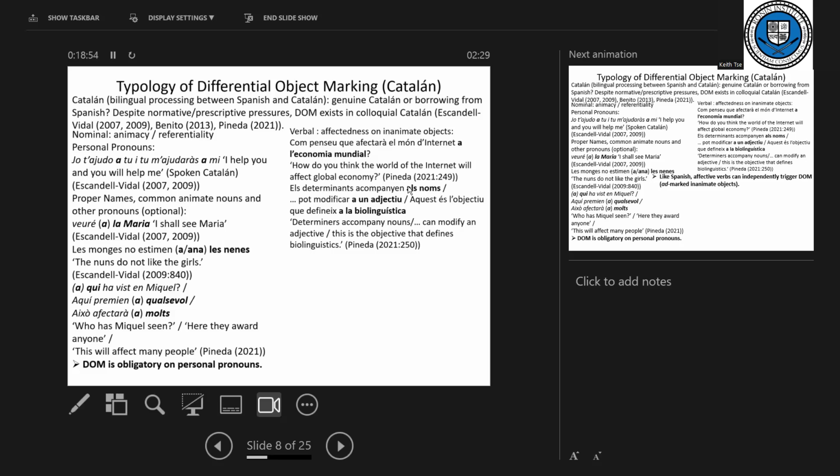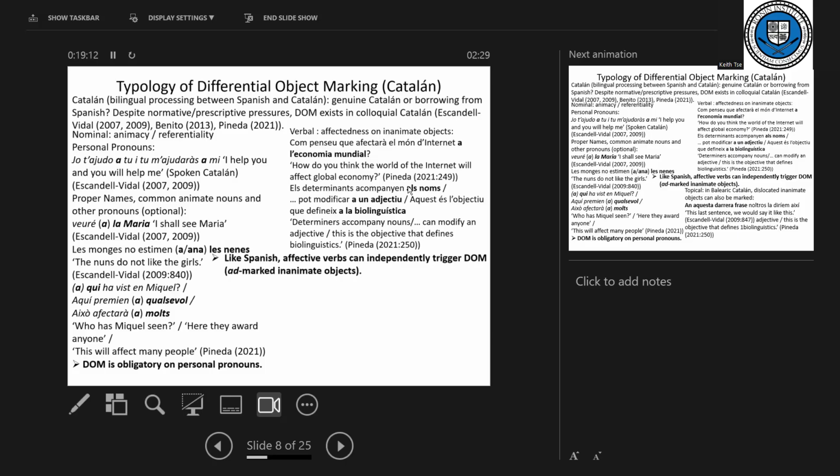Also in grammatical prose, so los determinants acompañan a los noms, modificar a un adjetivo, and also definition a la biolingüística. So, also Catalan, like Spanish, affected verbs can independently trigger DOM because they show a marking on inanimate nouns.